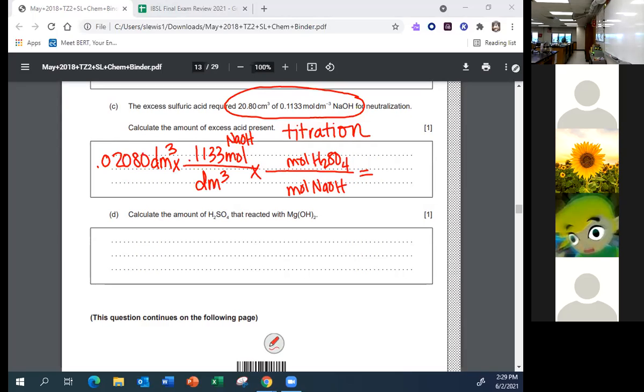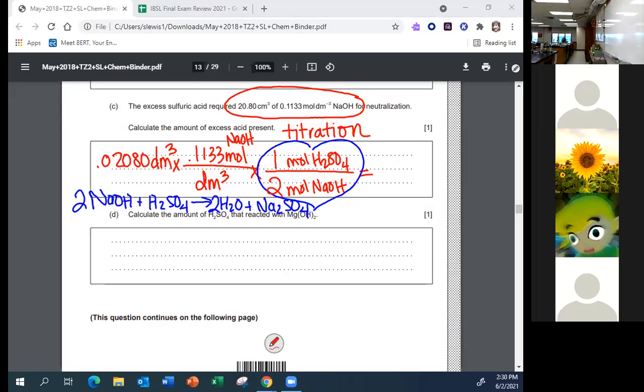Before you fill that mole ratio in, you need a balanced chemical equation. NaOH plus H2SO4 yields H2O plus Na2SO4. Balance it, and you'll realize that you need 2 moles of NaOH per 1 mole of H2SO4.